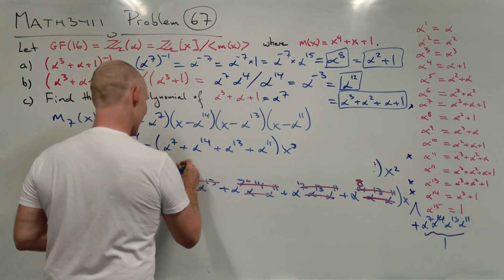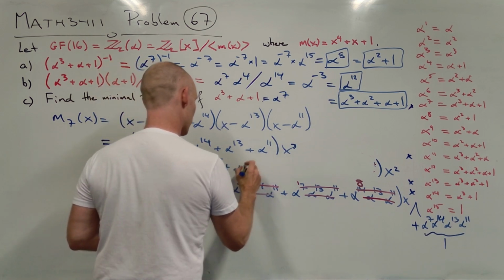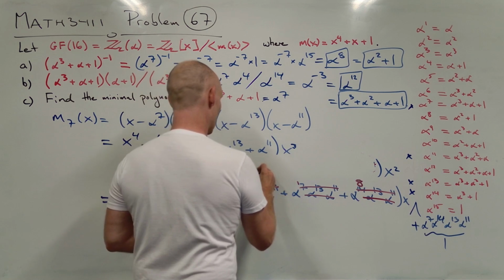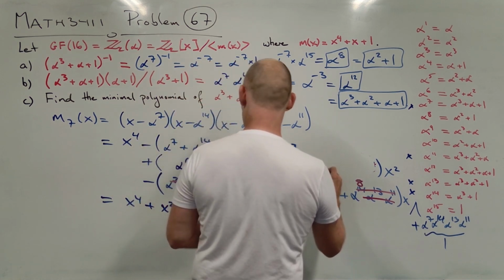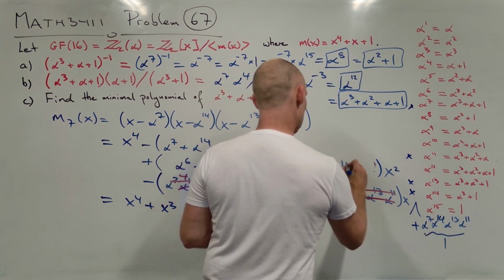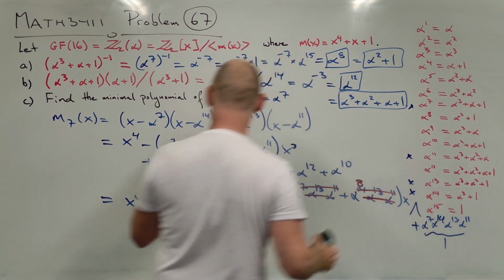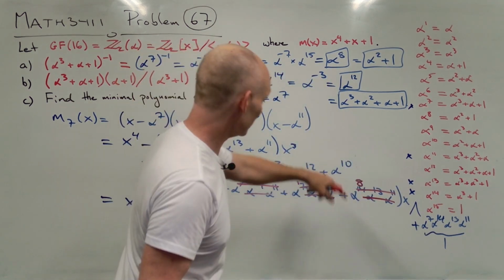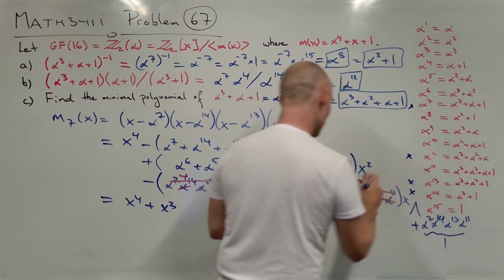Okay, so alpha to the power of 6, alpha to the power of 5, alpha to the power of 9, alpha to the power of 3, alpha to the power of 12, and alpha to the power of 10. I don't know whether I got them in the right order, but let's see. 1, 2, 3, 4, 5, 6. I definitely got the right number of them. Hopefully they're the right actual powers.